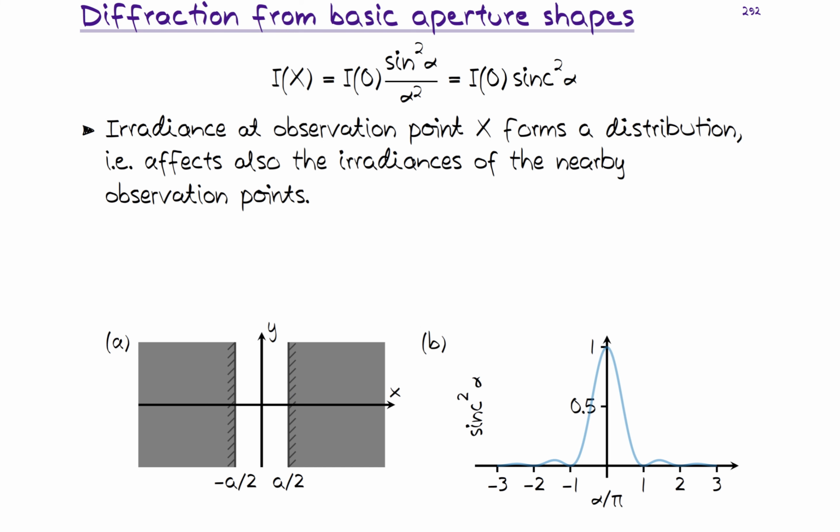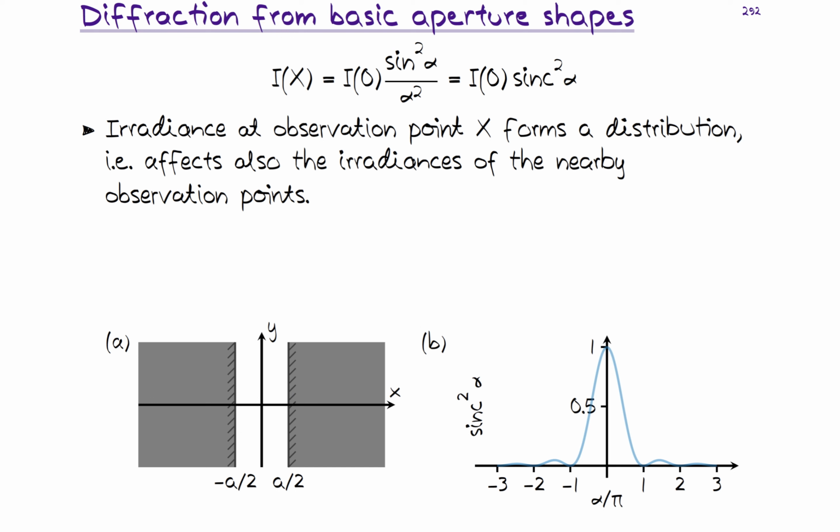Another way would be to think of the situation by just thinking of light as rays of light. Originally I would come with a single ray of light into my slit, but because the slit is so narrow, light starts behaving like a wave-like quantity, so that this single ray picture doesn't work anymore, but rather I should understand things by waves. And now effectively what happens is that instead of a single ray propagating through the slit, I'm now getting many rays propagating in slightly different directions.